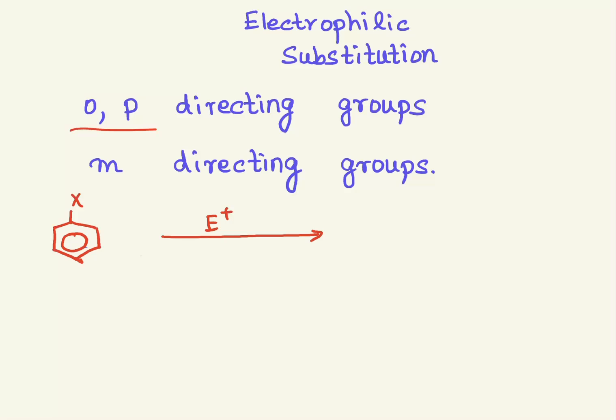Halogens are ortho-para directing groups. So, I have the halogen already present on the benzene ring. The position next to it is ortho. So, it can be this one and it can be this one. 2 positions next to it would be meta, right? And the third position, that means the third position next to it would be para.